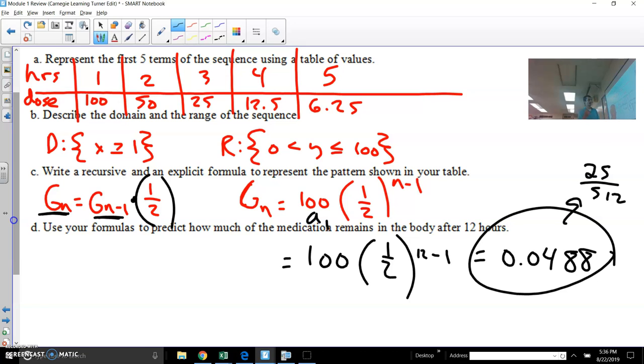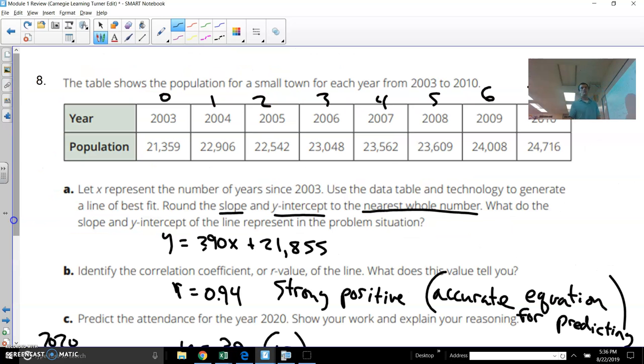And so that's what we get. Plug in 12, and you end up getting 0.0488, which as a fraction would be 25/512.